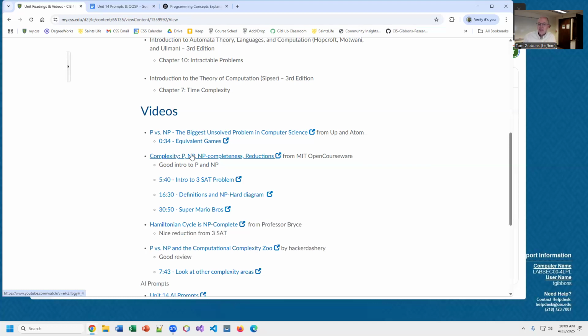I really like this explanation. This is a short introduction to P versus NP, which is okay, but I really like when they talk about these equivalent games. I'm going to play the first half a minute, which is just introducing the problem, and then she talks about these equivalent games.